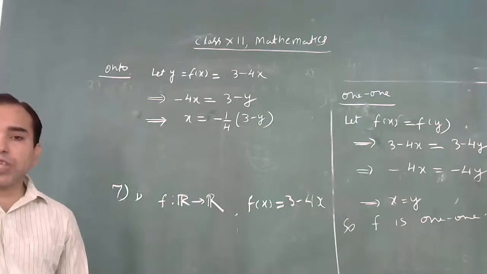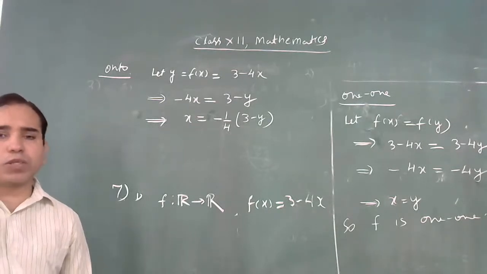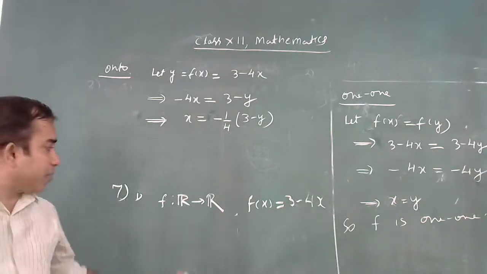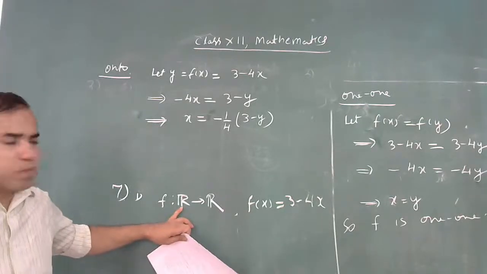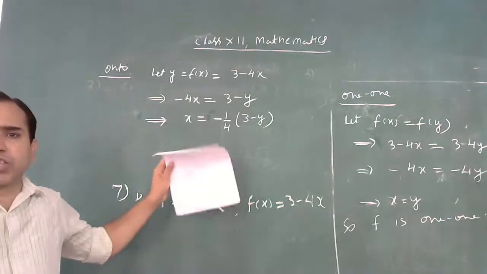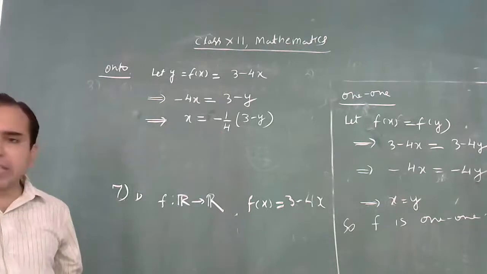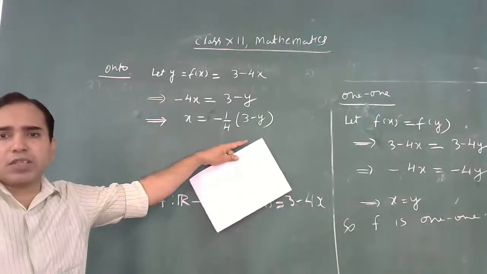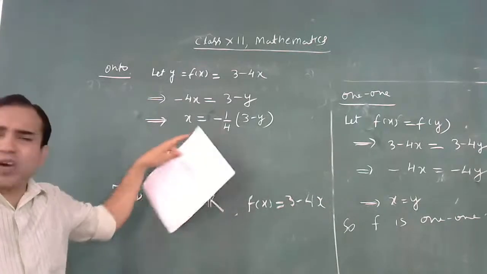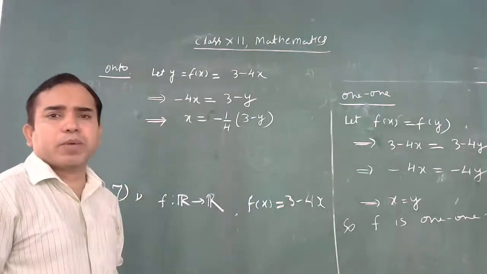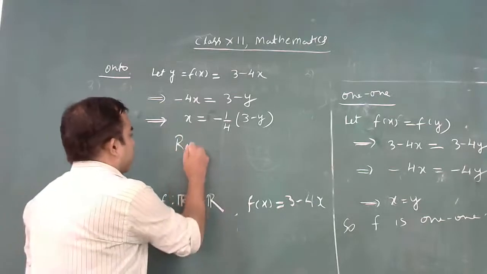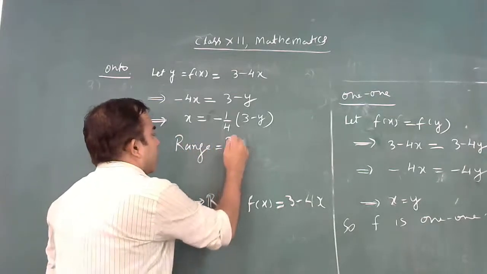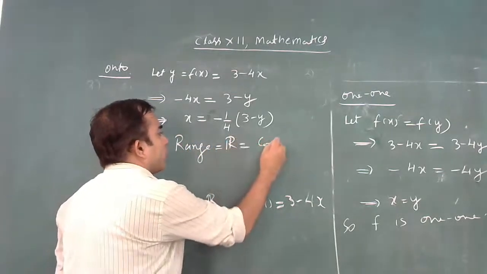Then you think and analyze which values of y are allowed, which makes x a member of domain, which is R. Simply you have to check that for what values of y x will be a real number. Always x will be a real number. Y कुछ भी डाल दीजिए, पॉजिटिव डाल दीजिए, नेगेटिव डाल दीजिए, जीरो डाल दीजिए, x will always be a real number. Any value of y will be allowed, range is R, and this is same as codomain.